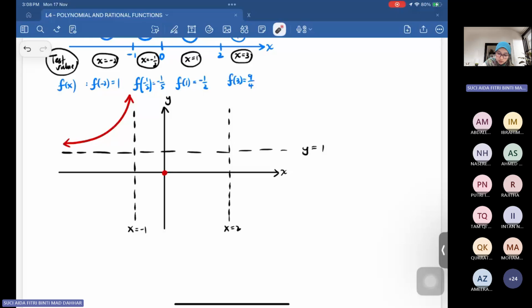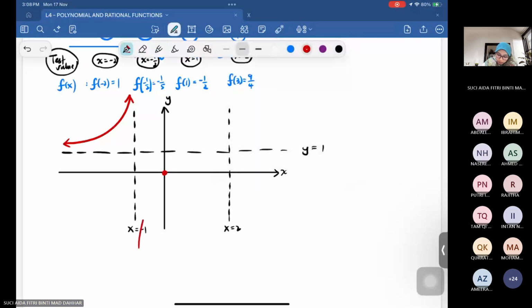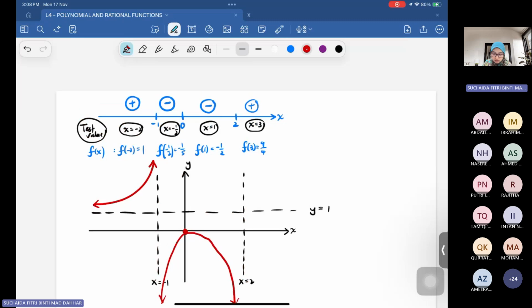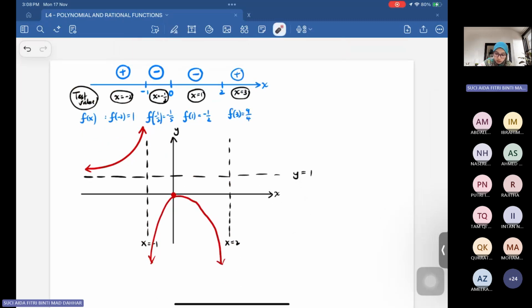See, your graph will be something like this. Negative means below the x-axis. This negative is also below the x-axis. Okay. So done. We did until 2 already.